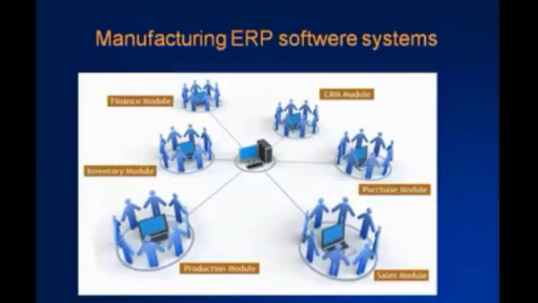This is a simple diagram that includes the manufacturing ERP software systems, and at the center, the ERP system is there, with a control at the center, and it gets data from the CRM module. CRM means customer relationship management. Nowadays it is a very important aspect in companies, and companies are getting data from customers, from social media, online platforms, from communities, and from crowdsourcing.